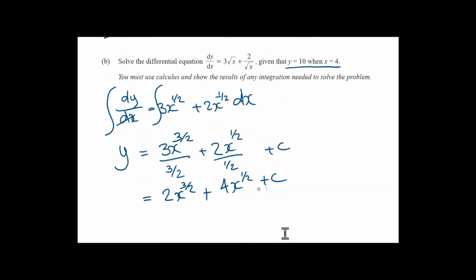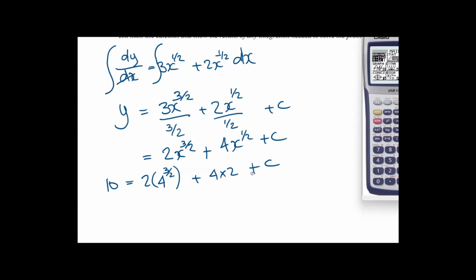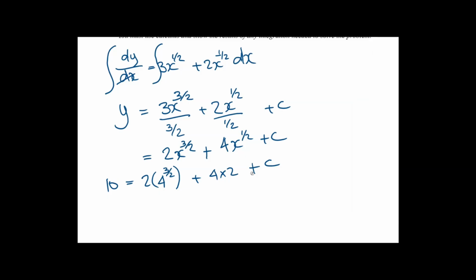Now we know that y equals 10 when x equals 4. So 10 equals 2 times 4 to the power of 3 over 2, plus 4 times the square root of 4, which is 2, so 8, plus c. 4 to the power of 3 over 2 is 8, times 2 is 16.